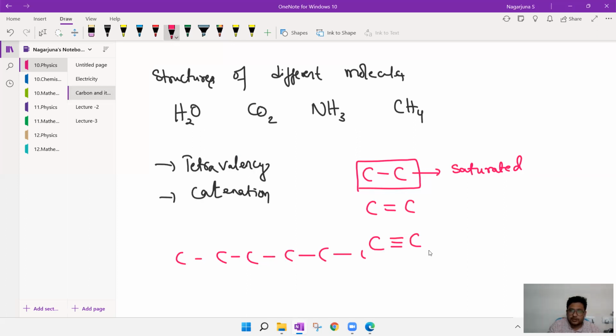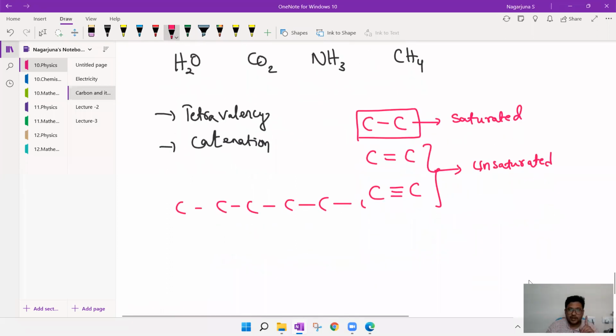And the remaining two: carbon has a double bond, or between the carbons there is a triple bond. So if you can find at least one double bond or at least one triple bond, that is known as unsaturated. Not all double bonds, at least one double bond, at least one triple bond, that is known as unsaturated.